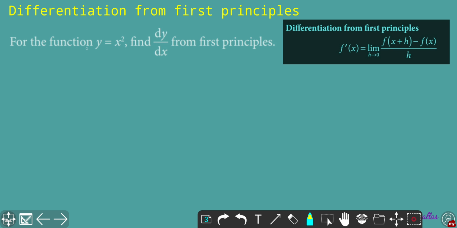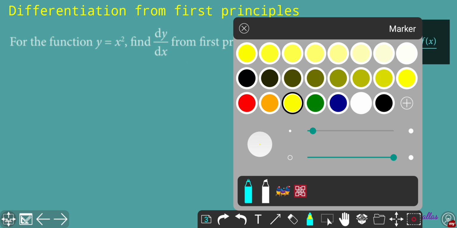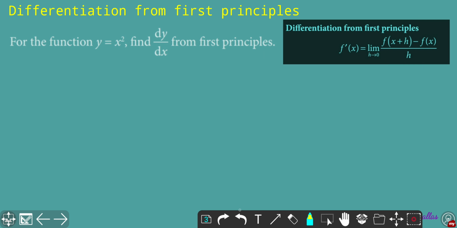For this function, you need to find dy dx from first principles. dy dx means you are taking the derivative, y dash, at a given point x.